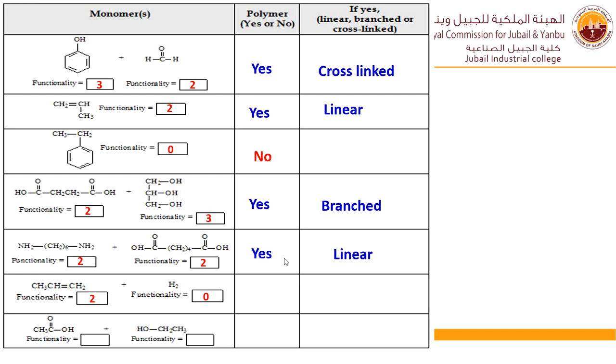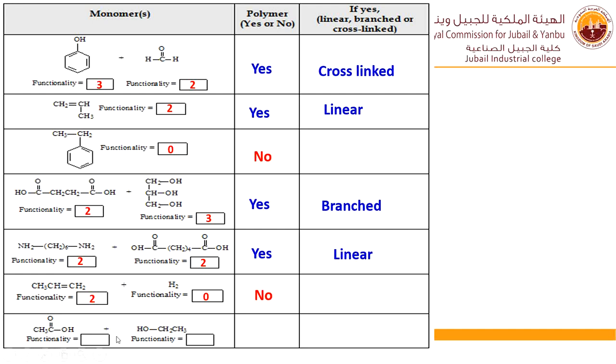So 2 plus 0, this satisfies the condition, but since it is going to react with this, you end up with no polymer. In fact, this reaction is called an addition reaction. You remember, one hydrogen will add to this, and the other hydrogen will add to this. So you move from a double bond to a single bond. Chapter 2, reaction of alkene. So this is no polymer, and the reaction is an addition reaction.